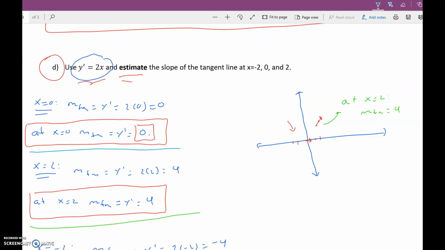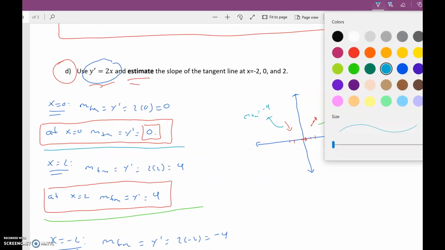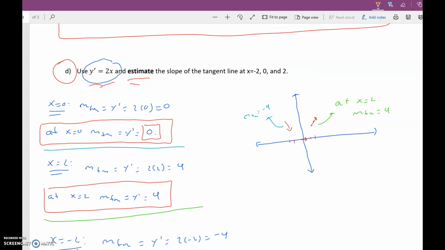So this is technically m tangent, which happens to be -4. And if you're able to find coordinate points or enough information, you could come up with a sketch of the function.